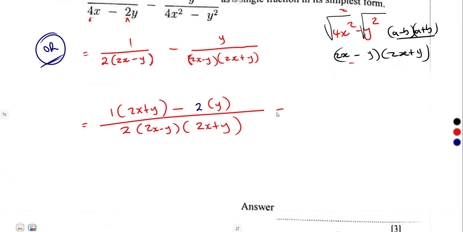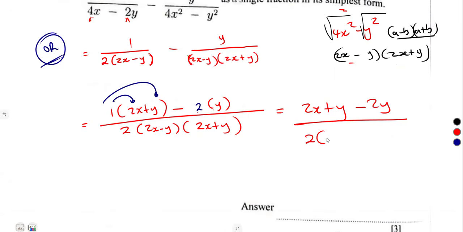Then from there, simply expand the bracket here: 1 times 2x is 2x, 1 times y is y, minus 2 times y, that's 2y. Everything over 2 into 2x minus y into 2x plus y, like this.